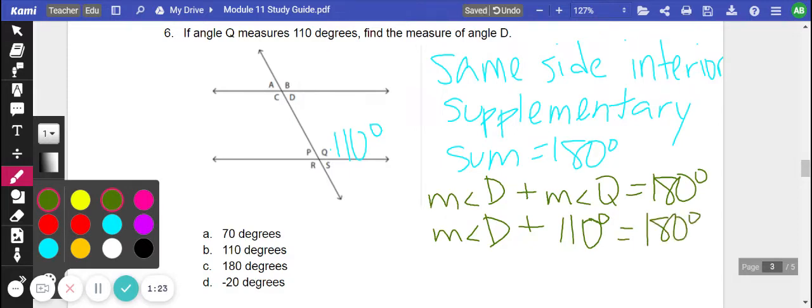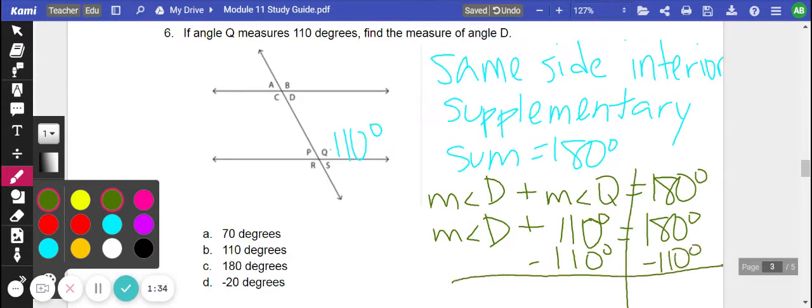Now we need to solve for the measure of angle D, so we can subtract both sides by 110. And therefore the measure of angle D equals 70 degrees. Therefore my answer would be 70 degrees.